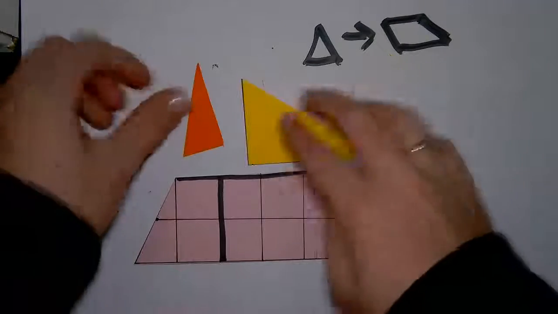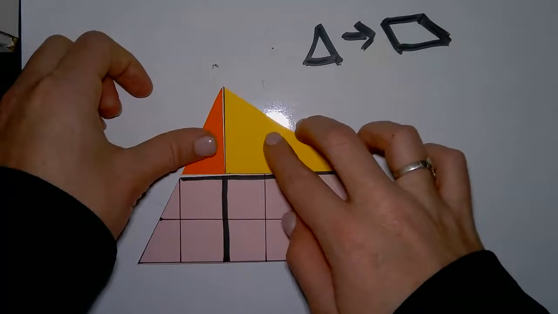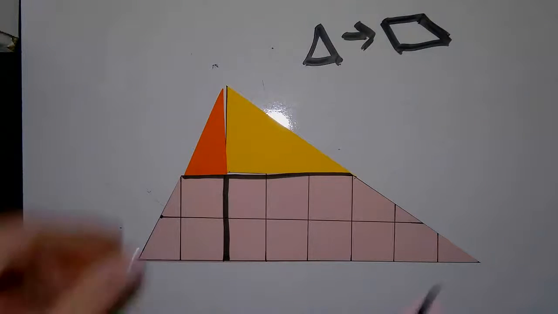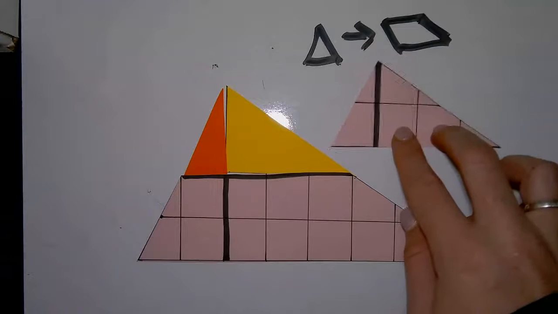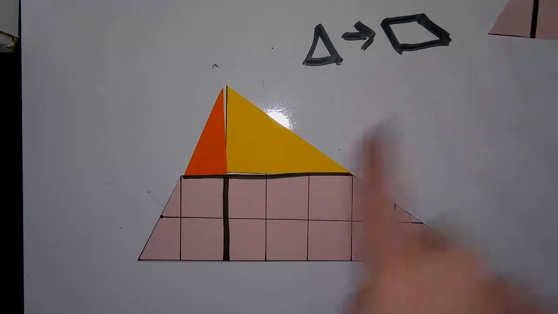So now our triangle looks kind of like this, right? Same triangle, same idea. Just wanted to cut that top part off. So you'll notice that these shapes, the orange and the yellow, are the same exact size as this top part that we just cut off our triangle, but now it's easier for us to manipulate.